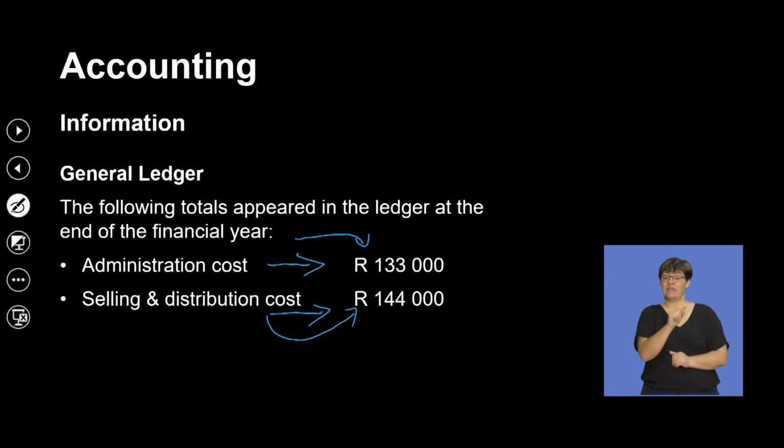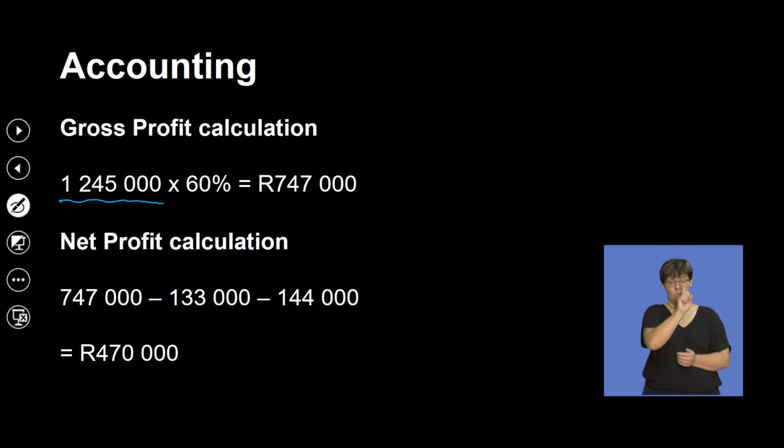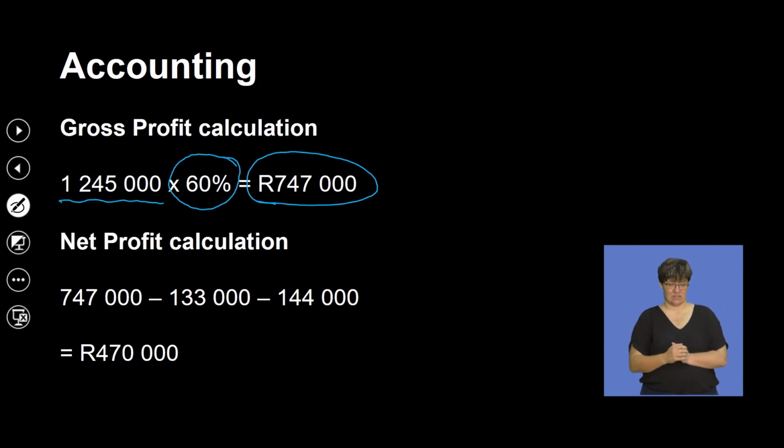Therefore, you would take the 1,245,000 times your 60% in order to work out your gross profit, okay? And your gross profit works out to 747,000.